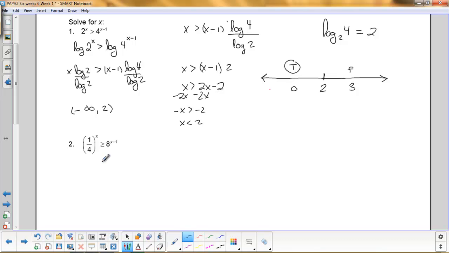Okay, again, I'm going to utilize the properties of logs here. By adding a log to both sides, I do not change the inequality at all. And what that does allow me to do is use the power property of logs to remove the exponent and place it as a whole number.